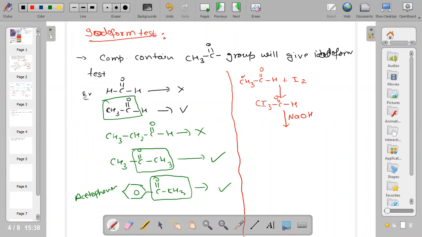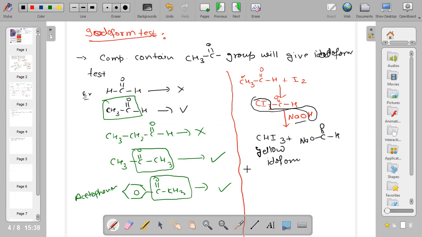What will happen? The H will add with this, so it will form CHI3, plus the remaining C=O will be saved, and the ONa will add with this. So this is the iodoform, yellow iodoform.